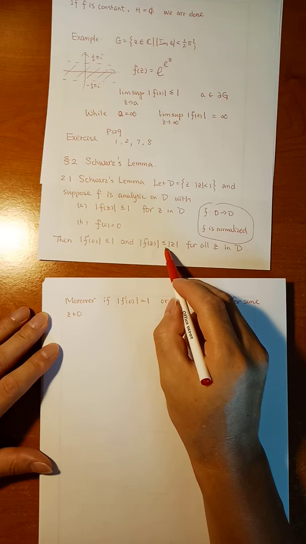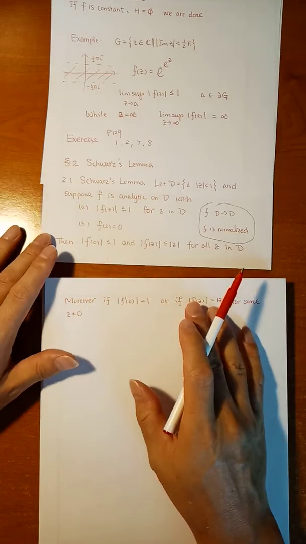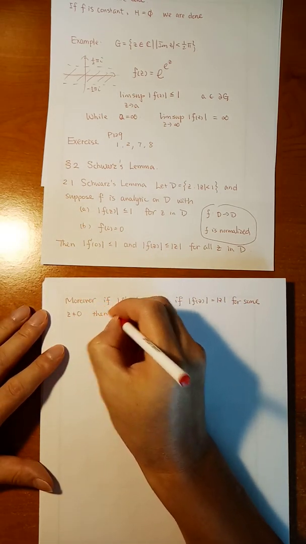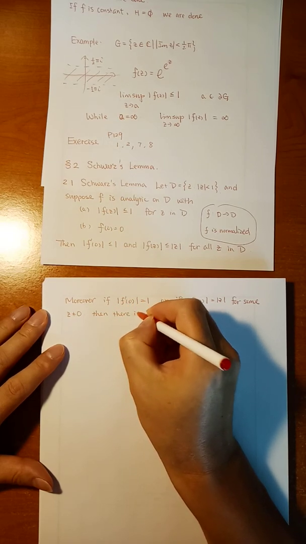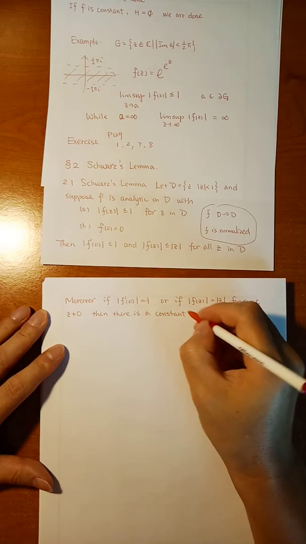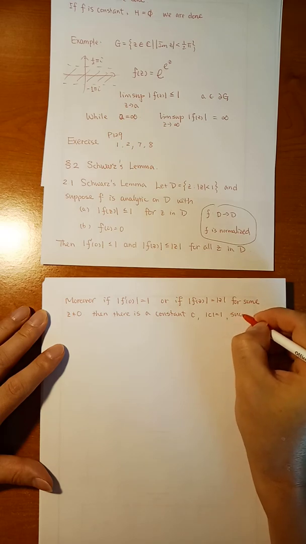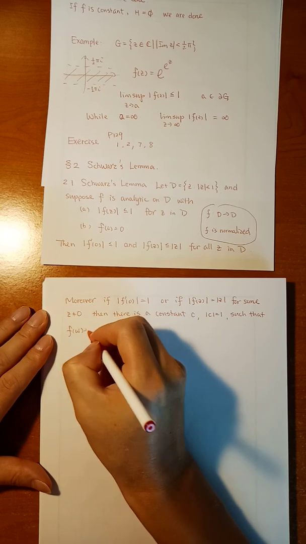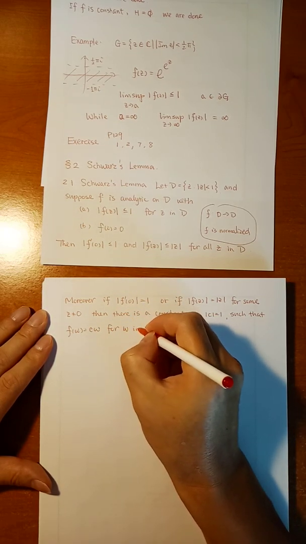If this equality holds for some point not equal to 0, because f of 0 is equal to 0, this is trivial, so it is excluded. Then if any equality holds, there is a constant C with absolute value of C equal to 1 such that f of w is C times w for w in D.